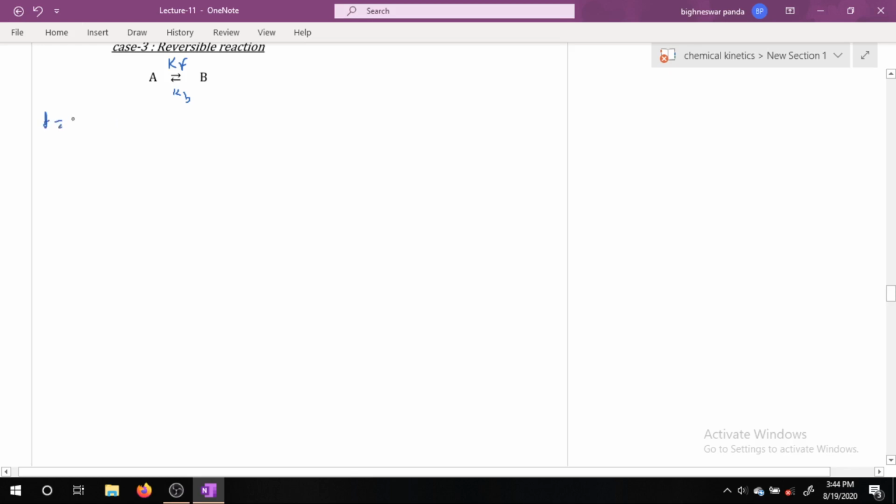When time t is equal to 0 we have the initial concentration. When time t is equal to t we have the concentration at time t. When t is equal to teq, that means at equilibrium, the concentration of A will be A naught minus xeq, and B will be xeq.